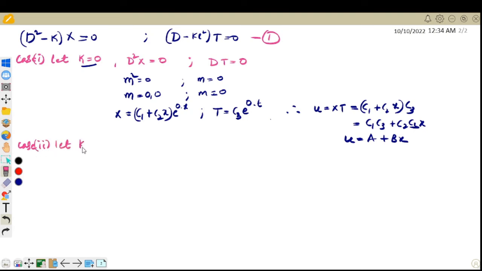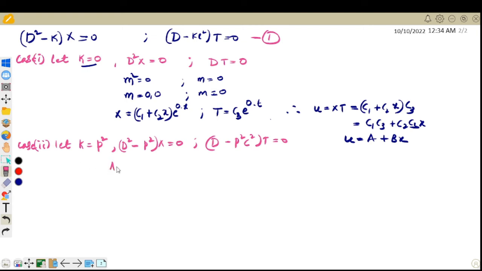Let us take k is equal to p square. If I take k is equal to p square, then equation number 1 becomes D square minus p square into x is equal to 0, and d minus p square c square into t is equal to 0.